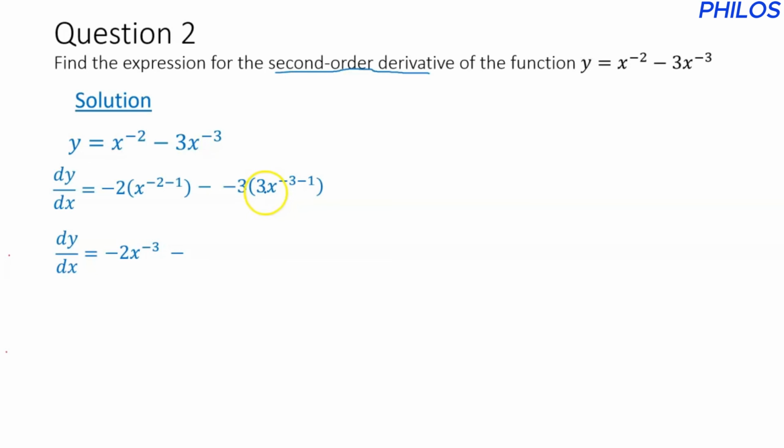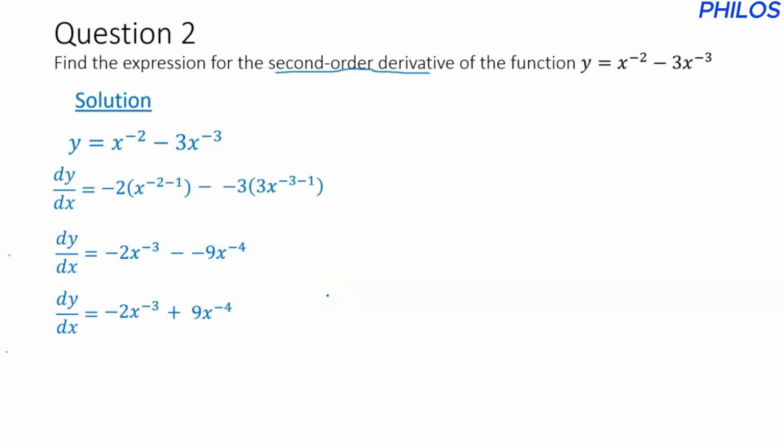So in the bracket you have 3x exponent negative 4. So multiplied by this negative 3, it should give you negative 9x exponent negative 4. Okay, so this negative times this negative should give you what? Positive. So we can rewrite dy dx as negative 2x exponent negative 3 plus 9x exponent negative 4. So this is the first order derivative.